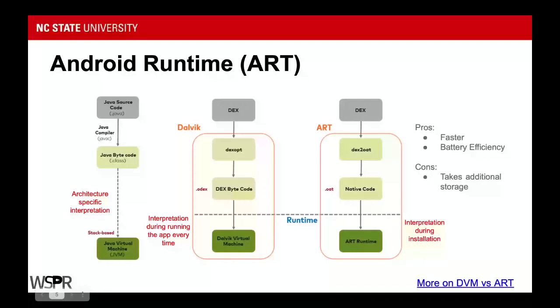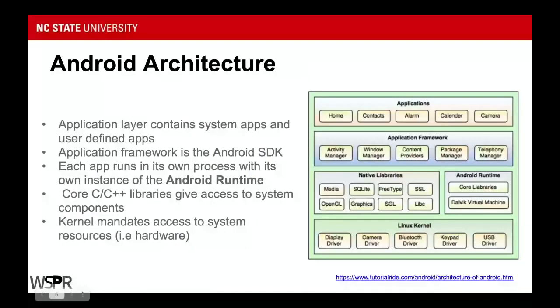Now let's take a look at how the Android architecture is designed. You know, there are a lot of hardwares and sensors in our Android devices, the camera, the microphone, Wi-Fi adapter, proximity sensors, and so on. And as an application developer, you would like to use these resources, but you do not want to deal with the low-level code associated with these hardwares.